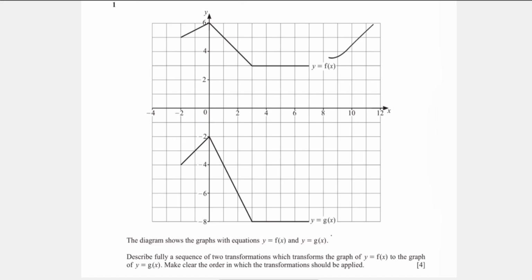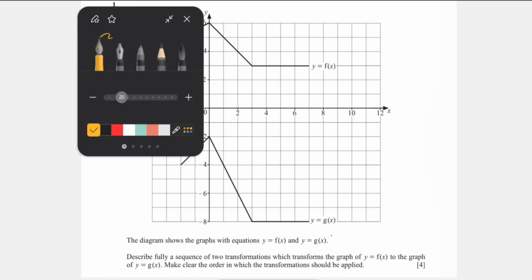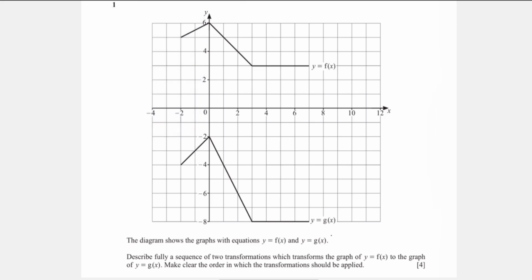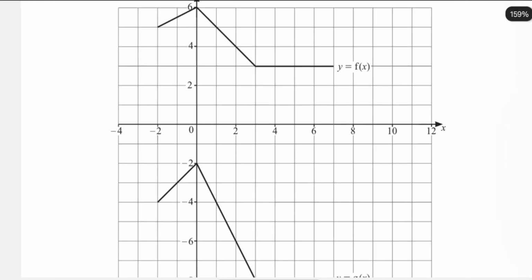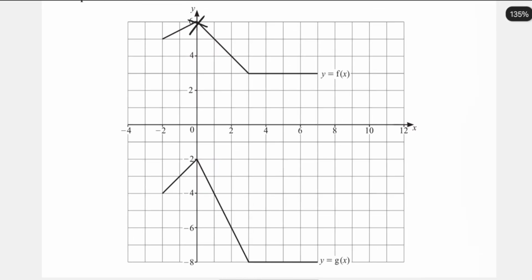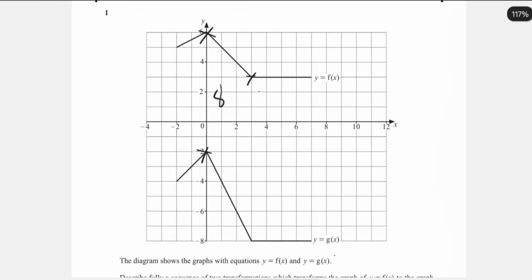So what we are saying is we can see that for us to go from f of x to g of x, f of x has to go downwards, but we don't know by how many units it went down. So in trying to get that number of units, we can get from this coordinate to this, it's 8 units, right? But it's not the same for this coordinate to this coordinate, right? Meaning that after f of x went down, there was another transformation applied, right?